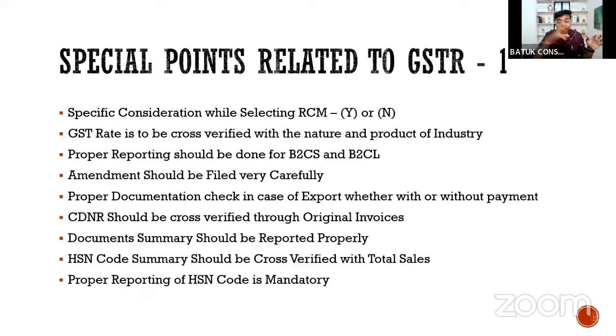The export is with payment or without payment. And if the export is with payment, ensure your GSTR 1 and 3B are reconciled, and the shipping bill data and the FIRC related data are reconciled with the ICEGATE portal. There should be no mismatch. Because if there is a single mismatch, in that case, your refund will not be passed automatically.